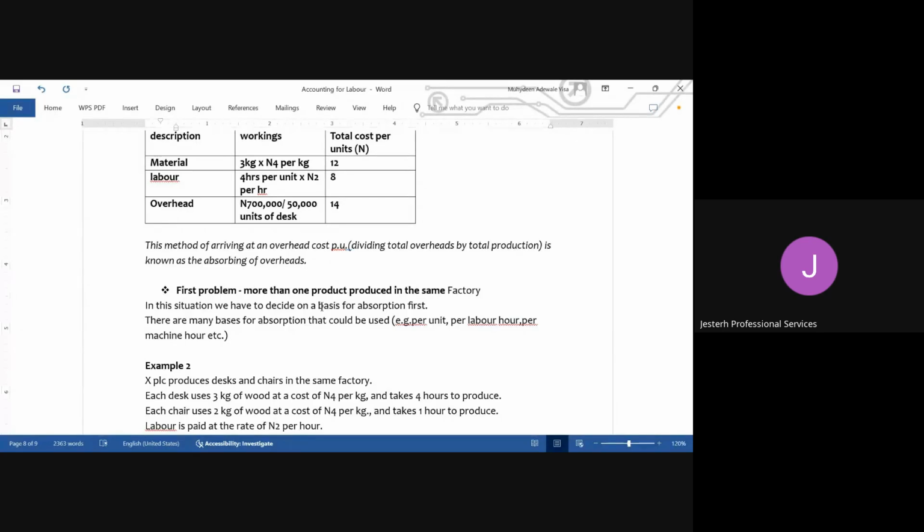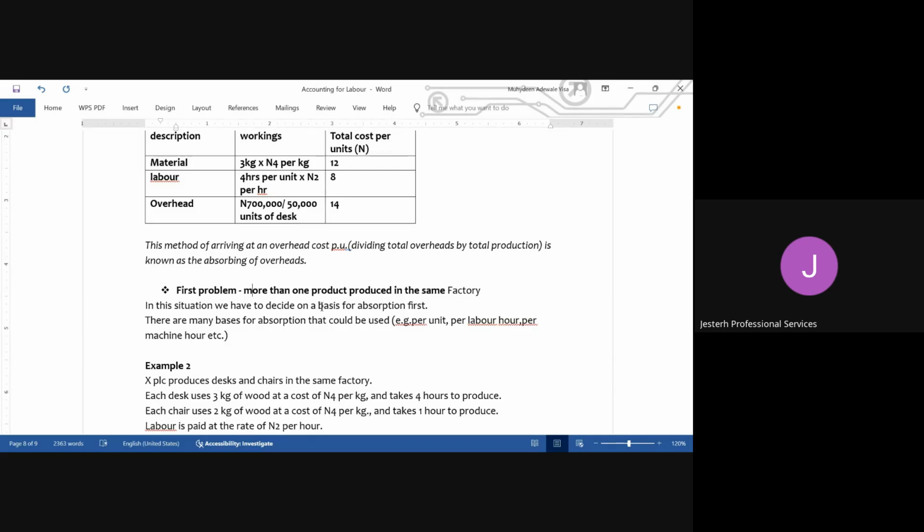Do they want to absorb it based on the total machine hour, I mean the total hours the machine is going to take to produce all those productions?